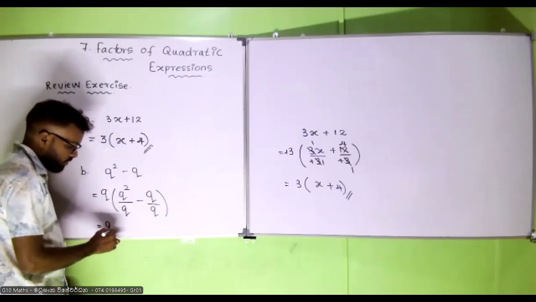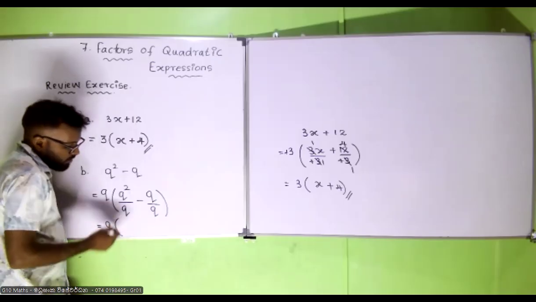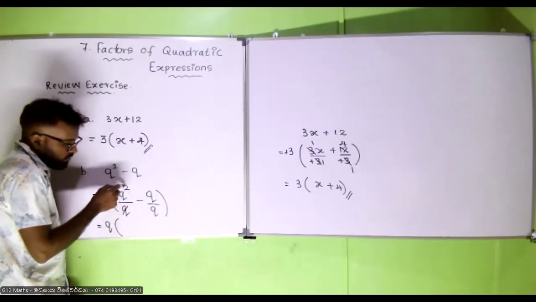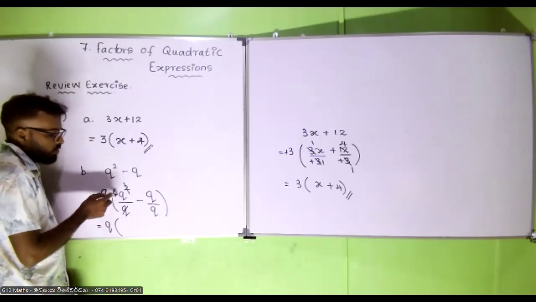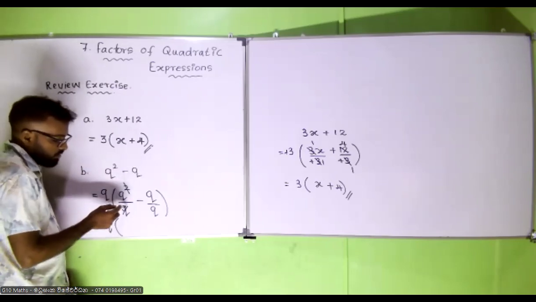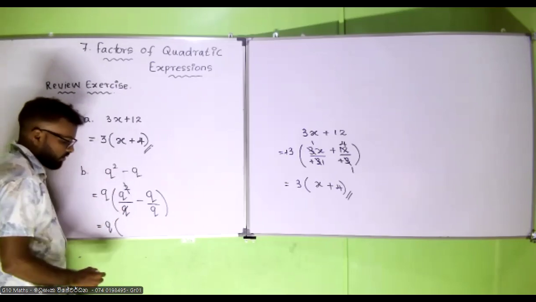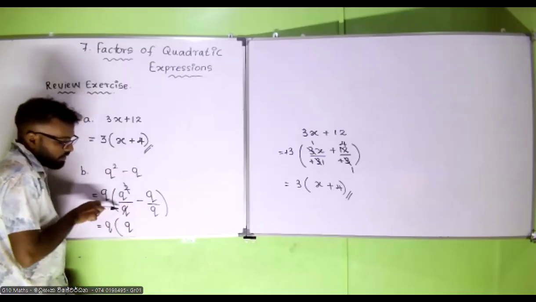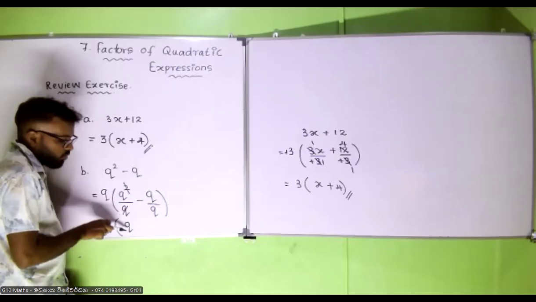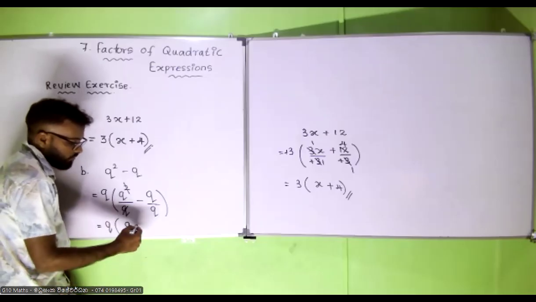Here you have Q times Q. One Q from the denominator can be cut down. So in the numerator you have Q, in the denominator you have 1, so no need to mention 1 there.